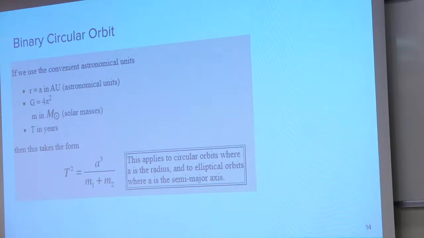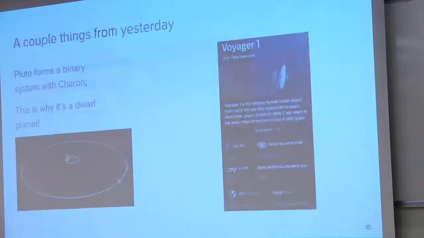So that's really a lot of the basics of orbital mechanics. It's not really past just normal circular mechanics. And a couple things from yesterday about dwarf planets and how dwarf planets don't clear the orbit of the things around them.